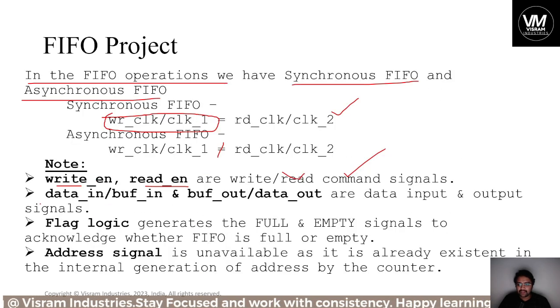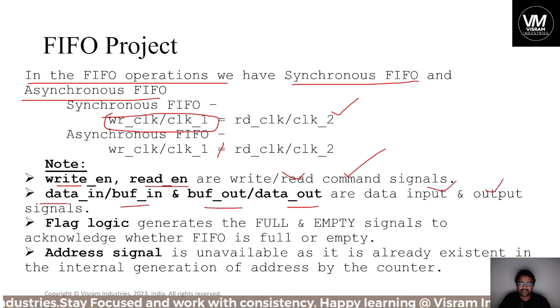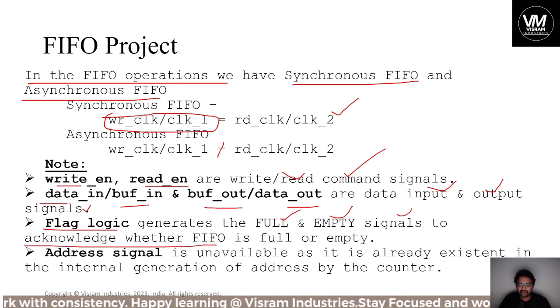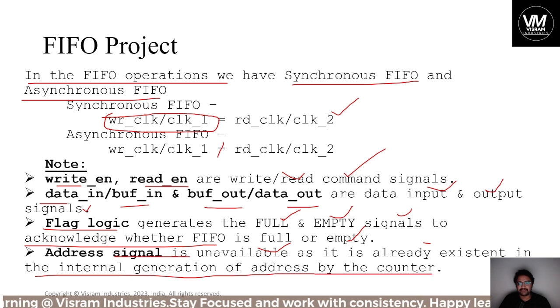So we have data in or buff in, and data out or buff out, as the data input and output signals, and flag logic generates the full and empty signals to acknowledge whether the FIFO is full or empty. The address signal is unavailable as the address is internally generated by the counter, because the address signal is not given manually by us like for a memory design.